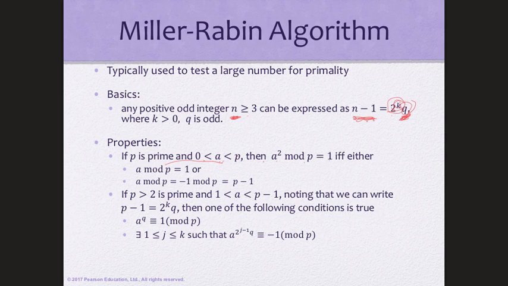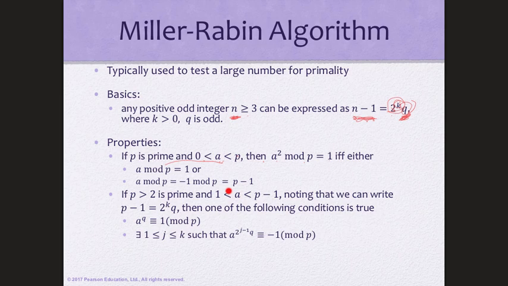So if you take the square of that a and calculate that mod p, the result is going to be 1 only in one of two cases: if a mod p is equal to 1, or if a mod p is equal to p minus 1.